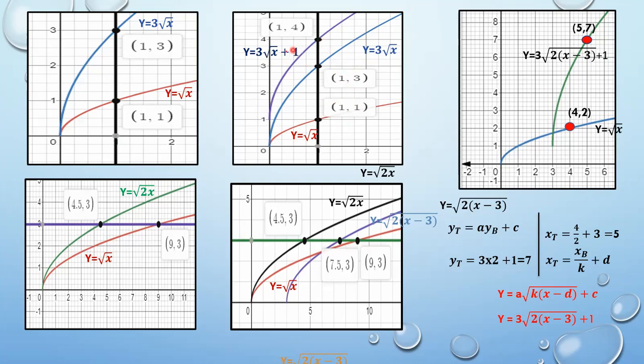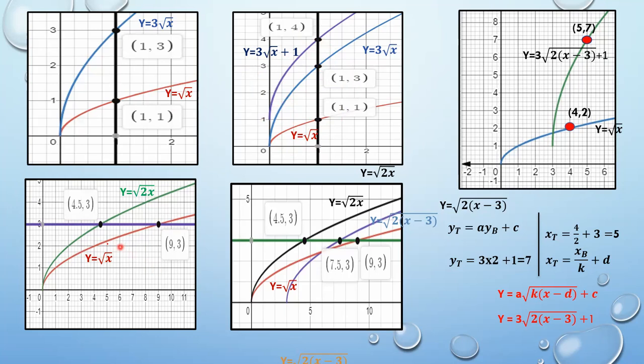So this plus 1 means movement upward. So 3 plus 1, 4. So the new point is 4. So that equation now is 3 square root of x plus 1. Still you have the vertical line here, whatever vertical line, maybe here, then only you can check the stretch and movement upward.